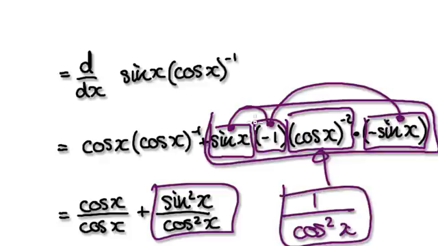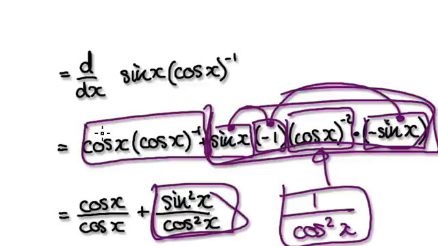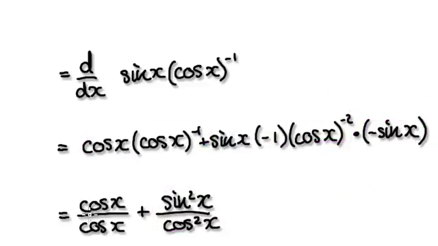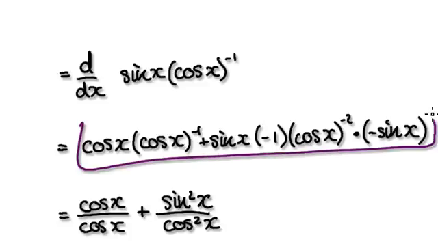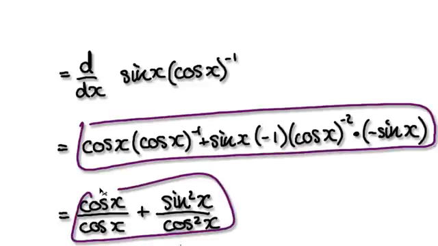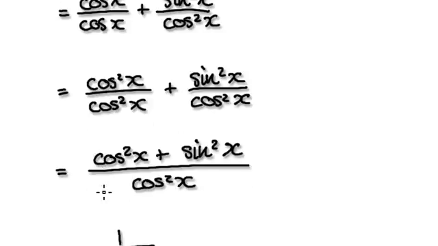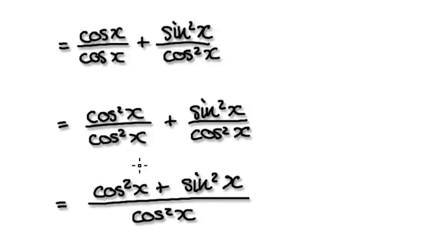And this thing is cos of x over cos of x, because 1 over cos of x multiplied by cos of x gets multiplied to the top.